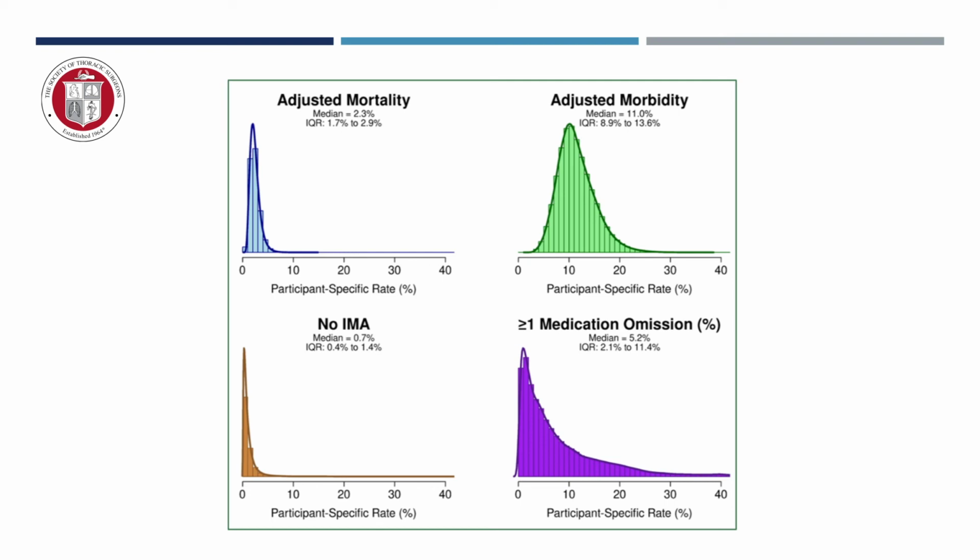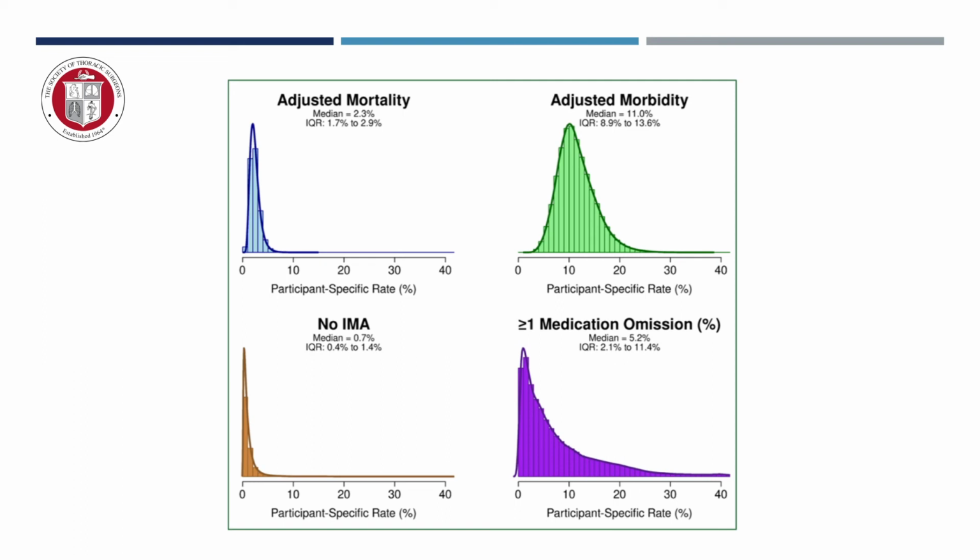Median adjusted mortality was 2.3% with an interquartile range of 1.7 to 2.9%, and median adjusted morbidity was 11% with an interquartile range of 8.9 to 13.6%.